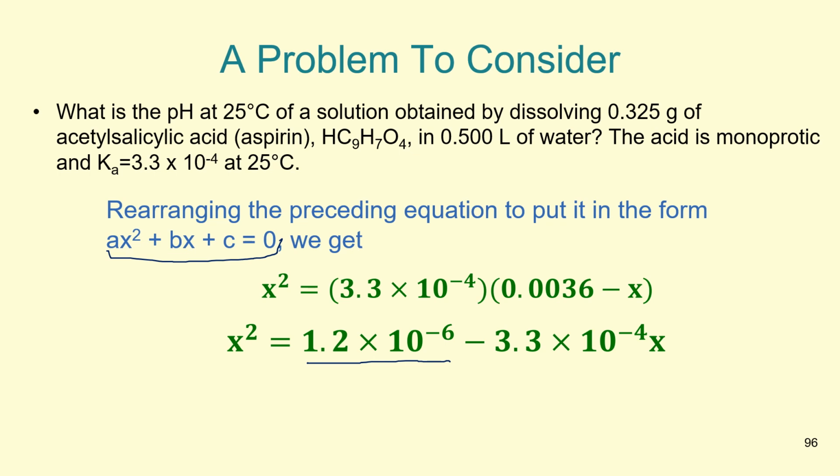So now we need to get everything on the same side, so we have to add 3.3 times 10 to the minus 4x to both sides. And then we want 0 on this side, so we're going to have to subtract.